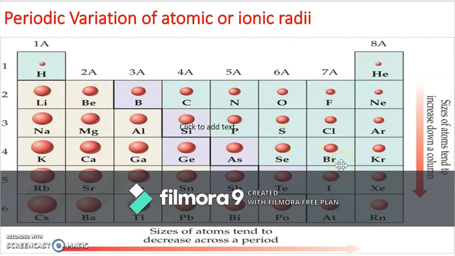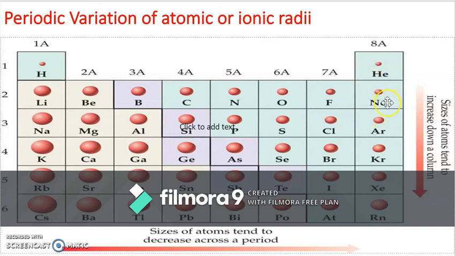Generally, the elements present at the extreme left, that is alkali metals, on the left side meaning the hydrogen side, show the largest values of atomic and ionic radii, whereas those present on the right side, that is p-block elements or the halogen family, show smaller atomic or ionic radii.